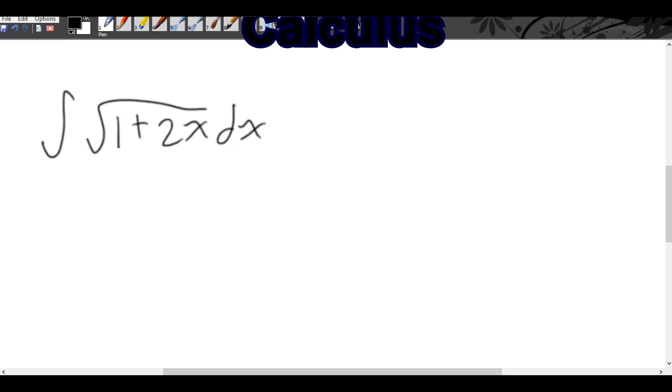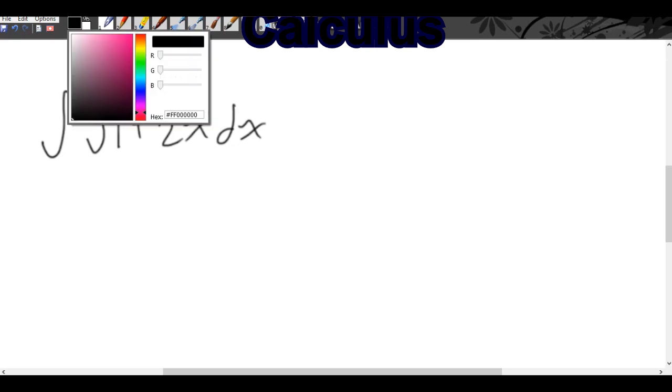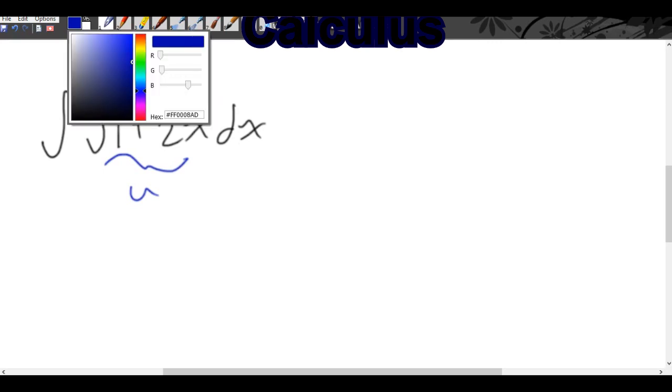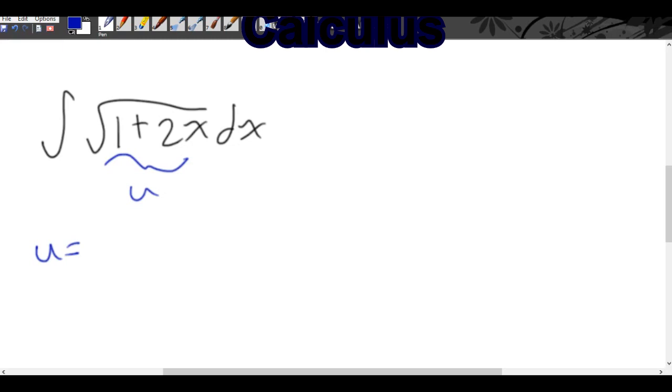Alright, so we have this question here, and we are going to integrate it by using u substitution. In this case, we can let 1 plus 2x be our u here. So u equals 1 plus 2x.